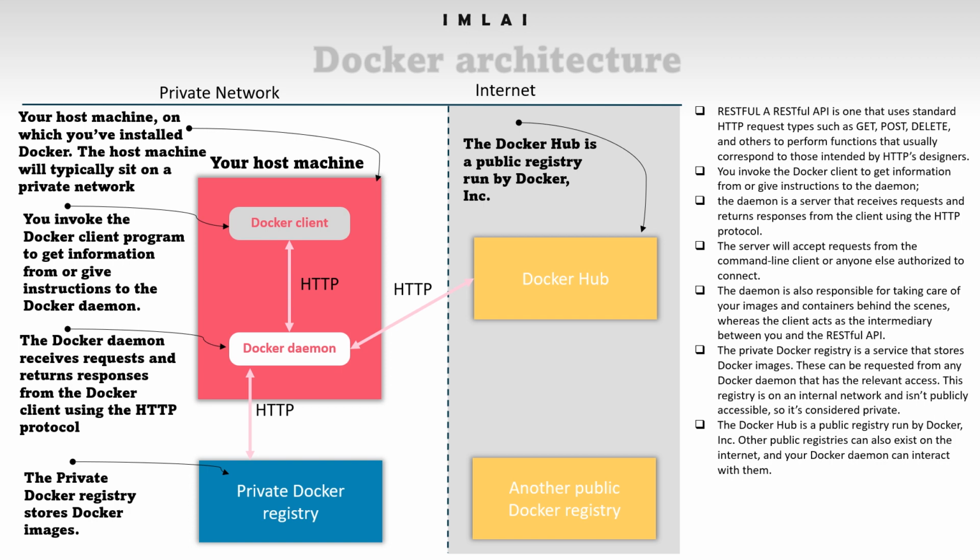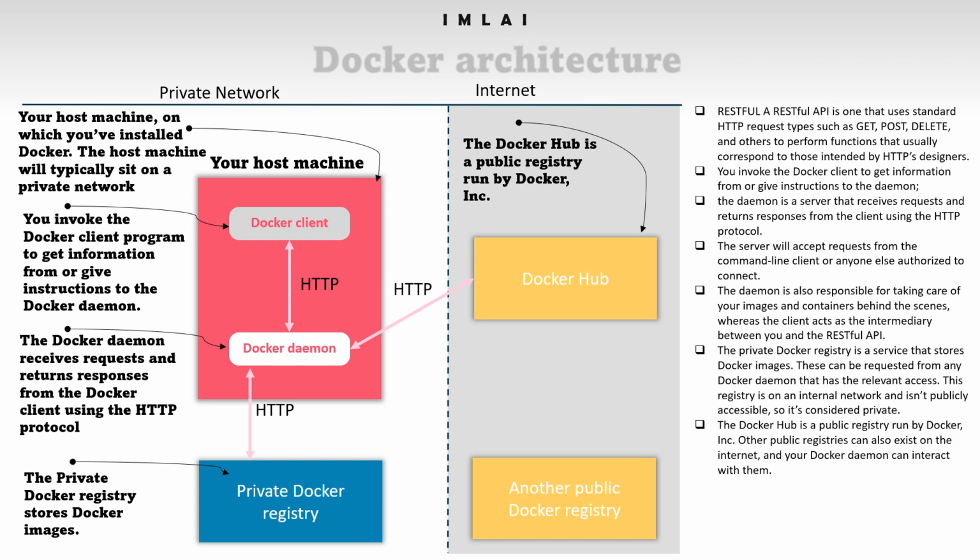The Docker Hub is a public registry run by Docker Incorporation. Other public registries can also exist on the internet, and your Docker daemon can interact with them if it is provided a proper connection.